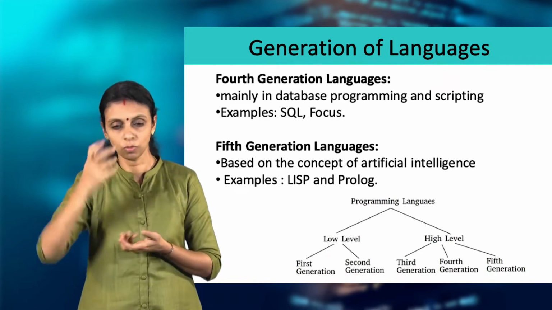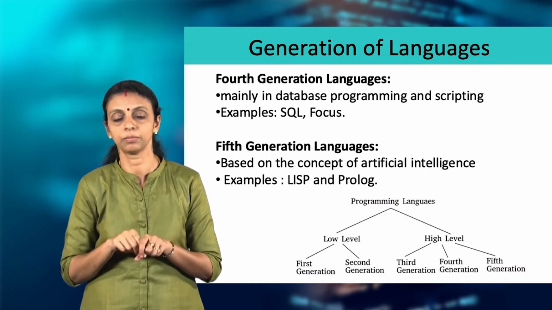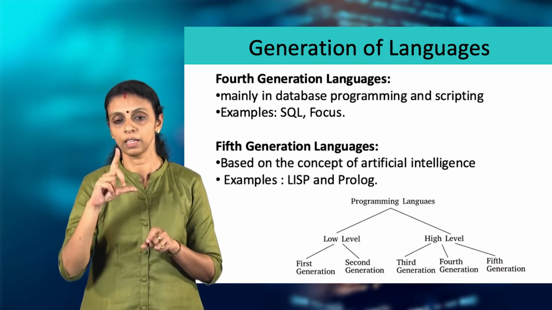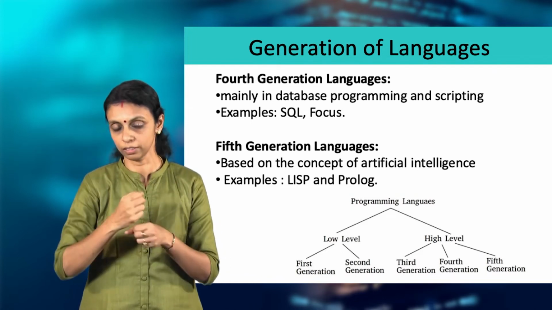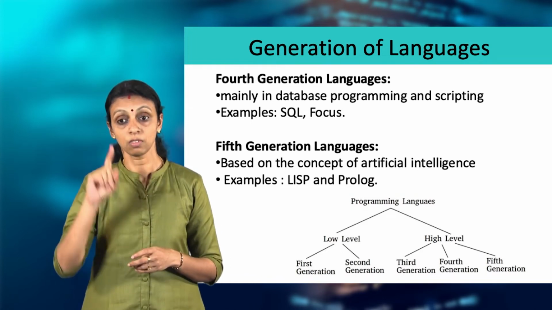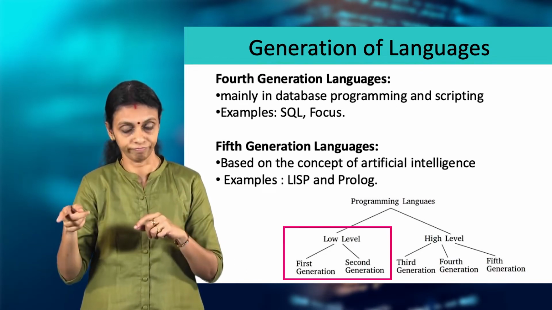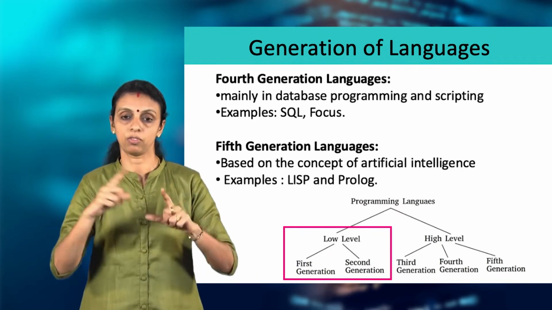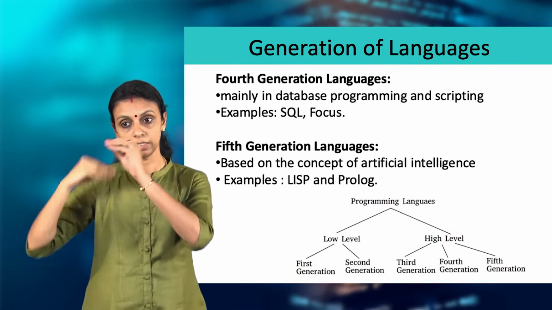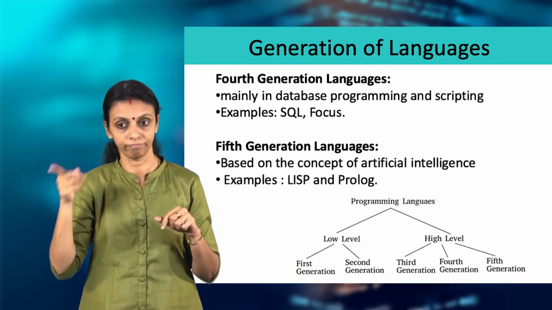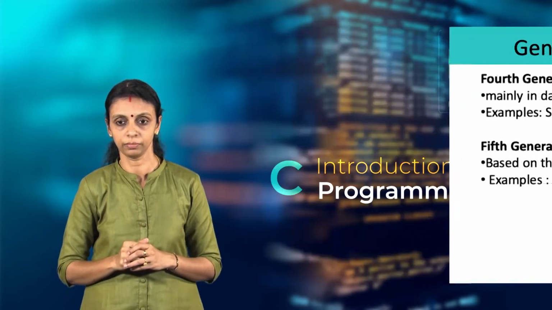It is based on the concept of artificial intelligence. Examples of fifth generation languages are Lisp and Prolog. The first and second generation languages are considered as low level languages, and third, fourth and fifth generation languages are considered as high level languages.